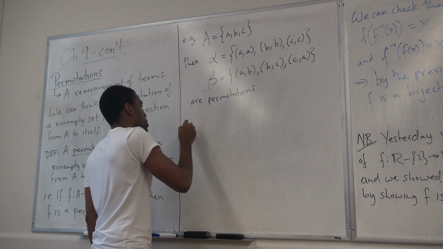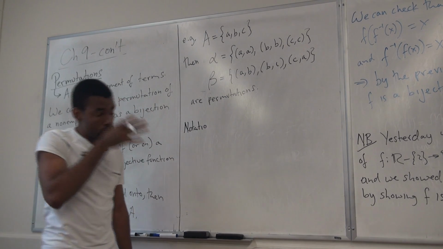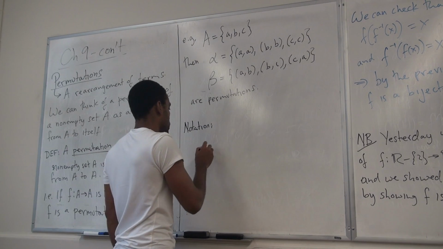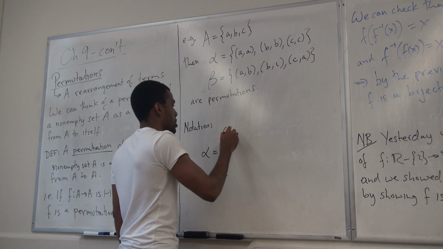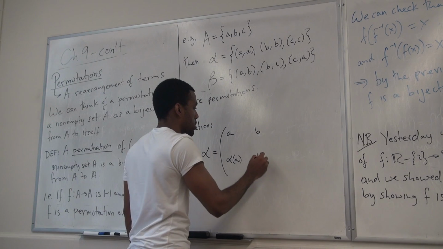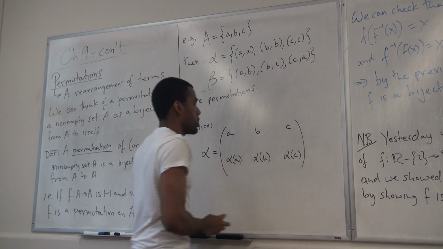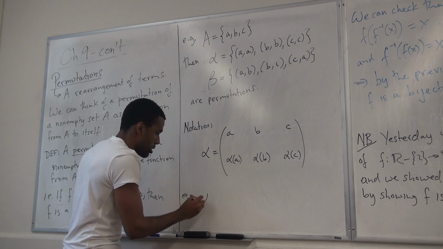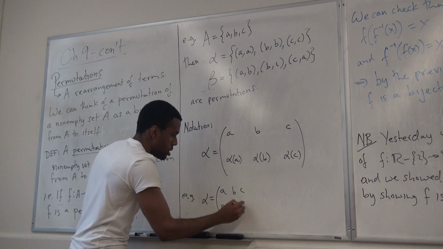The notation that we will use, there are other notations, such as cyclic notation, but we're not going to talk about that. So it's A, then alpha of A, B, then alpha of B, C, then alpha of C. So we can use that as the notation. For example, I can look at alpha as this guy, ABC goes to ABC.